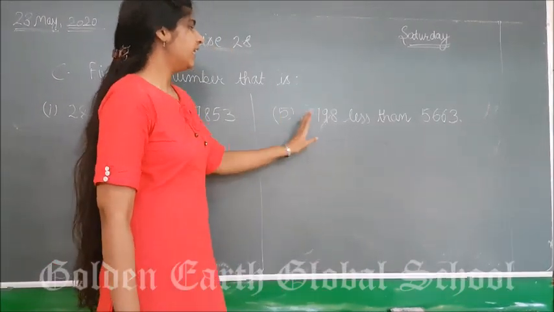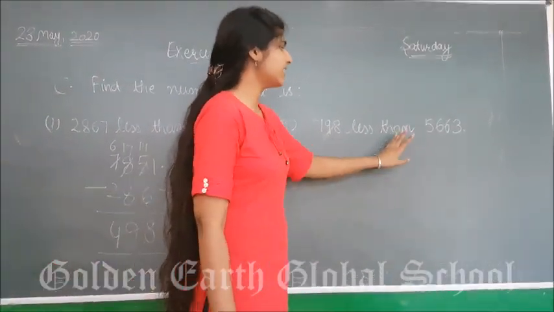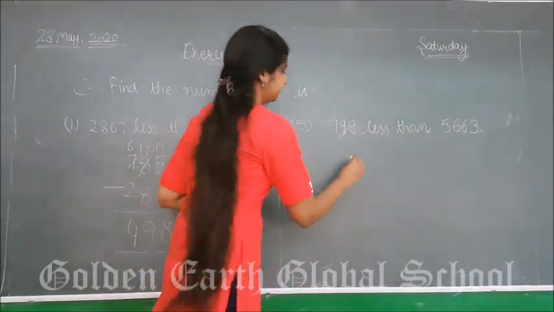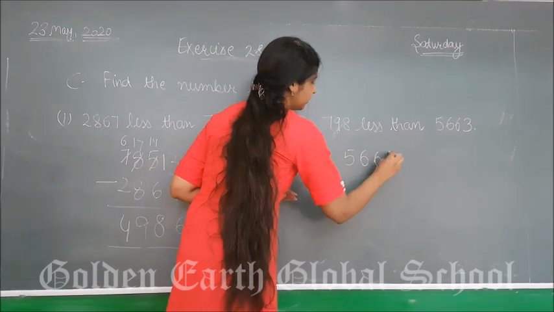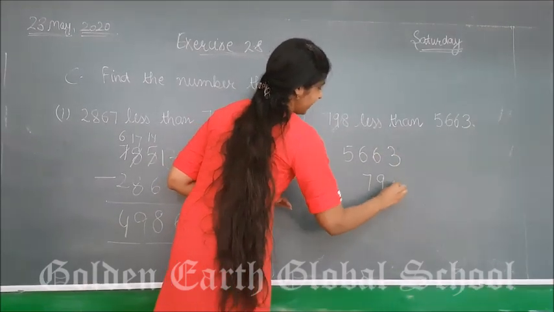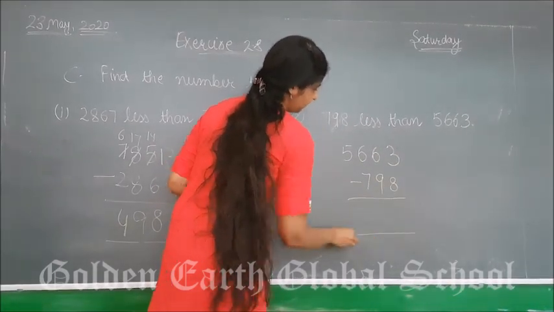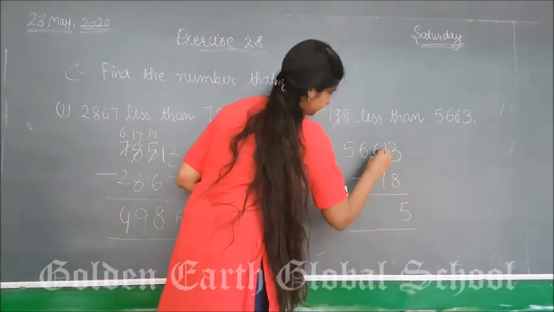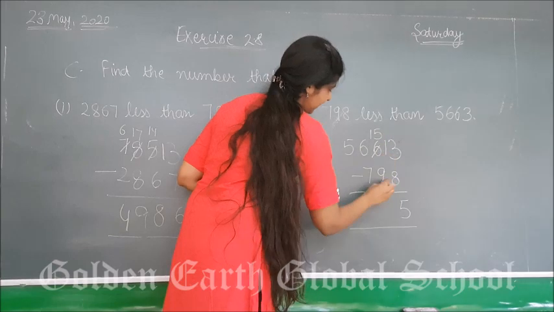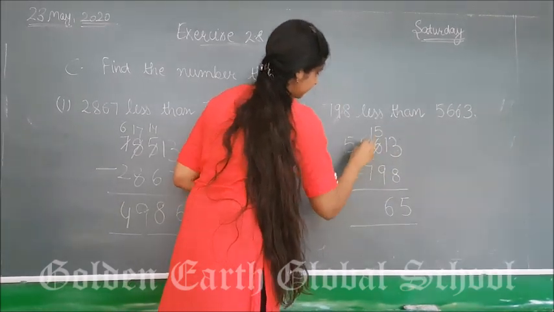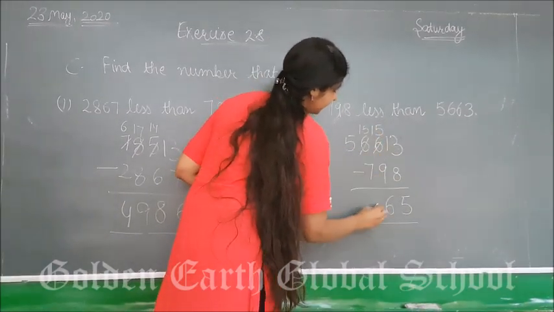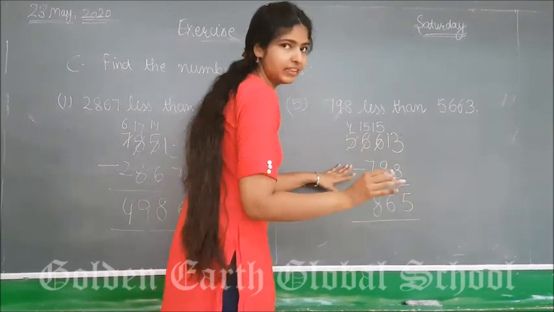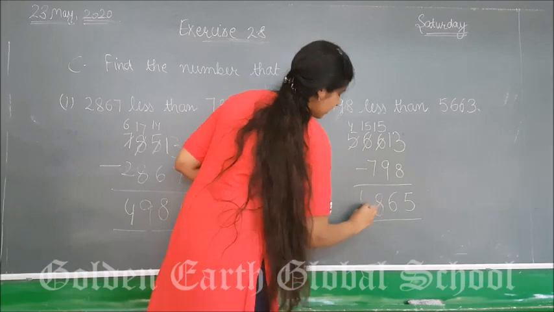Fifth question is 798 less than 5663. So in the same way, use the concept of subtraction. 13 minus 8 is 5, 15 minus 9 is 6, 15 minus 7 is 8, 4 minus, there we have nothing, it means 4 minus 0 is 4.